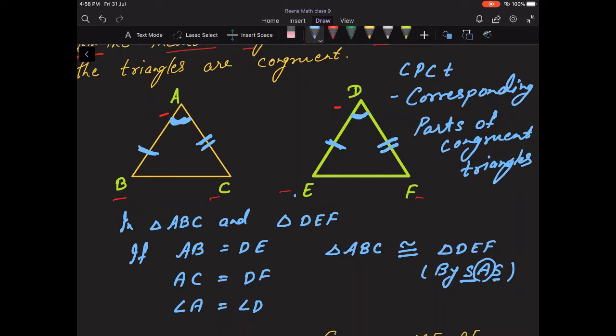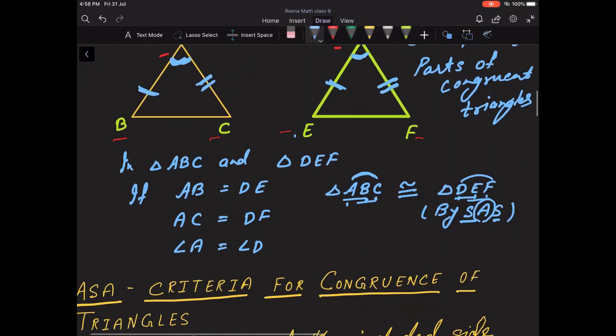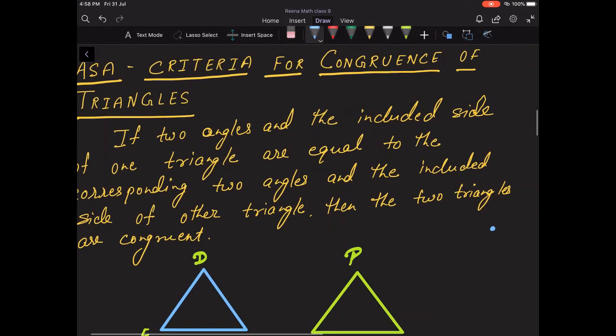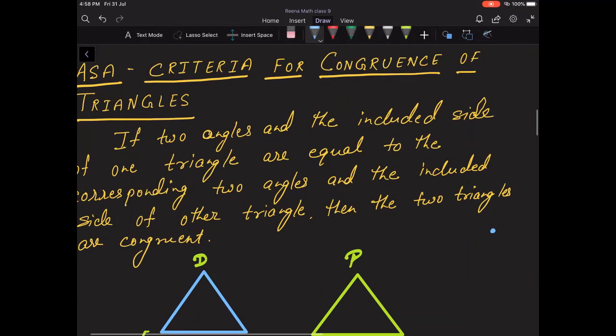According to this, AB will be equal to DE, BC is equal to EF and AC will be equal to DF. Angle A is equal to angle D, angle B is equal to angle E and angle C is equal to angle F. Now come to the ASA criterion for congruency of triangles.